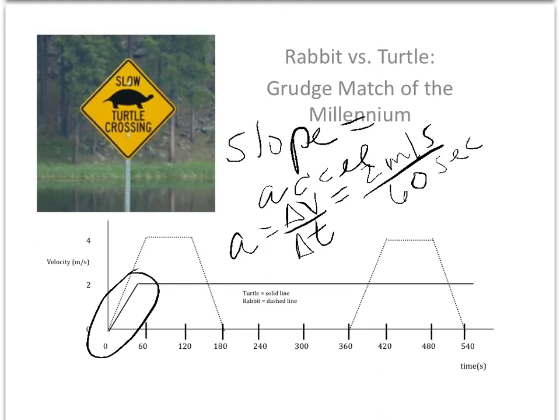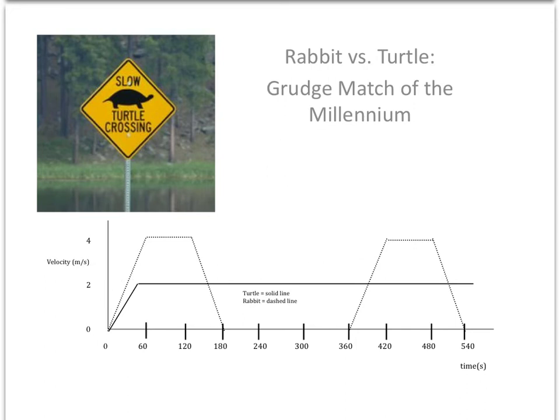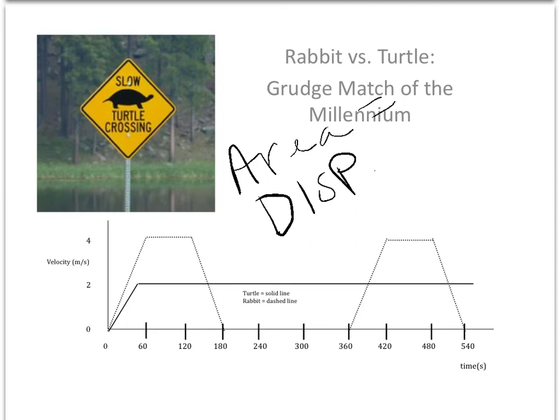Now the second thing that we can get from velocity time graphs is how far we've gone. It's not as simple as distance equals velocity times time, but it's not really too tricky either. The idea is that the area under a velocity time graph is equal to the displacement that you underwent during that time.